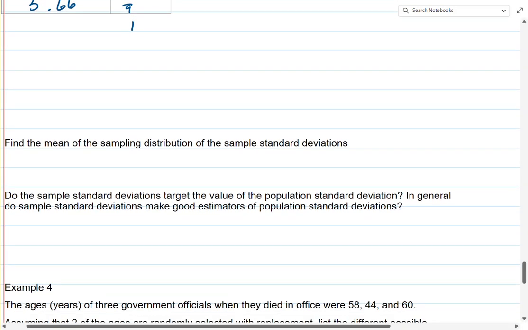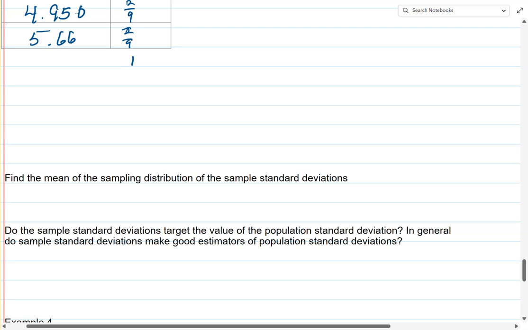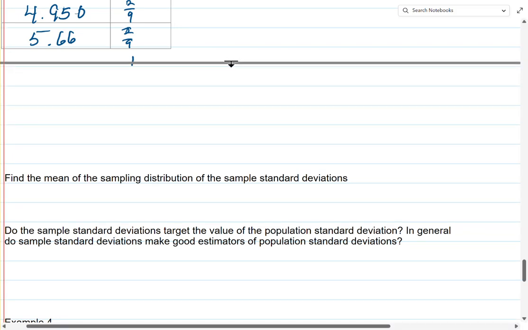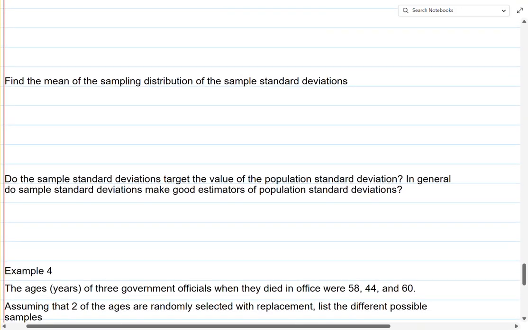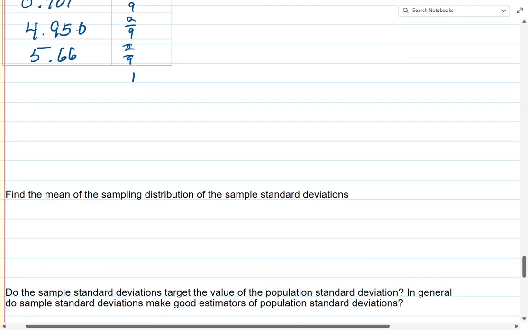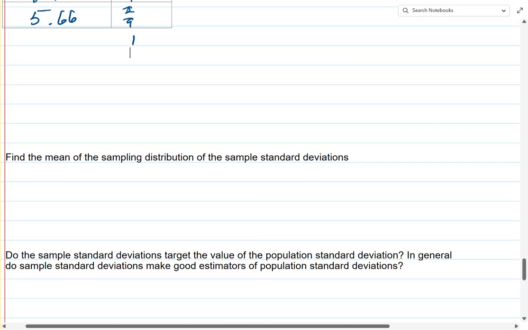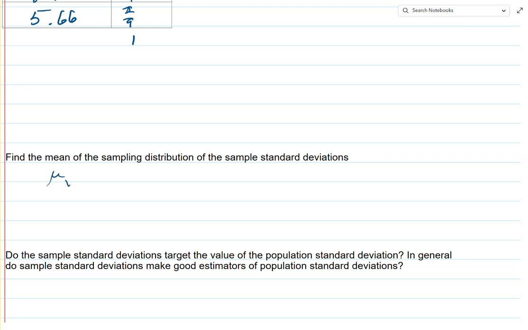Now it says find the mean of the sampling distribution. All right. Let's do that. Let me get this larger. Okay, the mean. So on the mean, I have, and this is the mu of s.